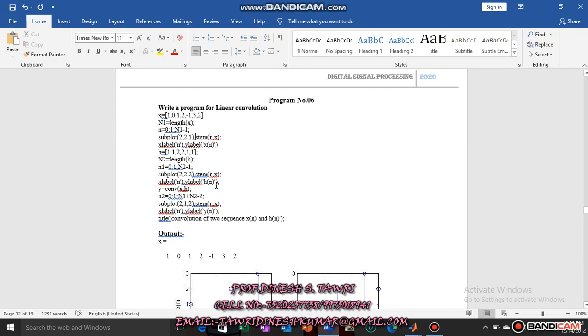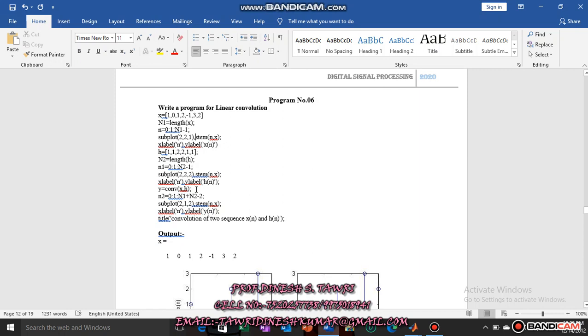This bracket will be a round bracket followed by a semicolon. Now there are two sequences available, so for the linear convolution you have to write the convolution syntax. The syntax is y is equal to conv, meaning convolution, conv in bracket x comma h. After completing the round bracket you have to give the semicolon.